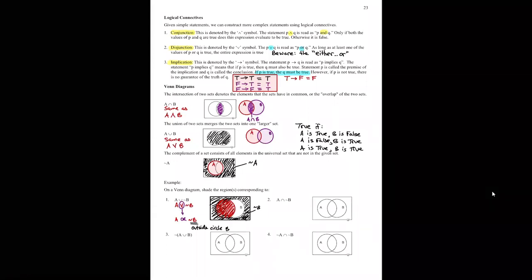So we have the union and we have the intersection, right? Again, the U is the union. That means or. The upside down U, and this is just a little recap from last class, is equivalent to, so it's the same as, that symbol, which means and.